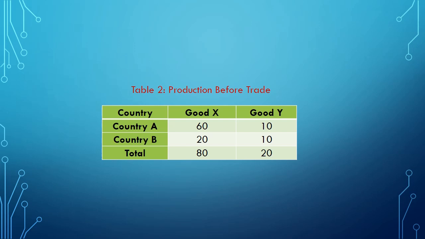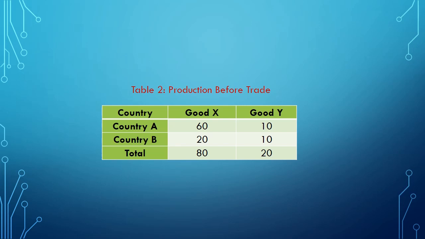If they want to enjoy consuming both goods, they have to produce both of the goods by themselves. So without trade, country A can produce 120 units of good X with the available resources, using all of its resources.